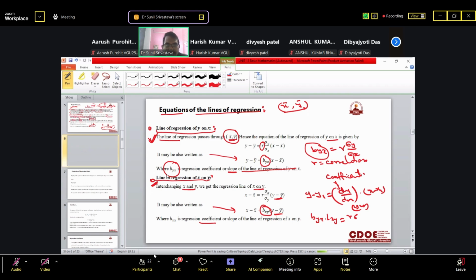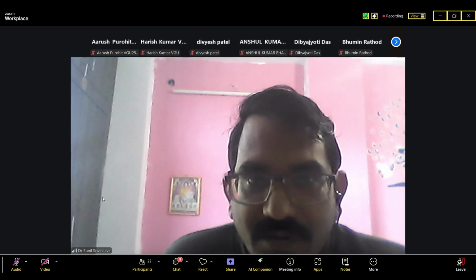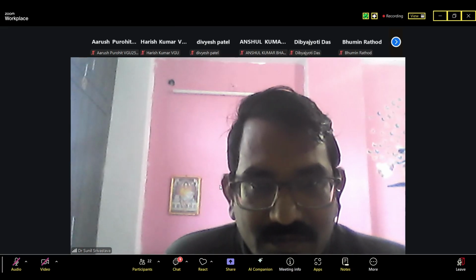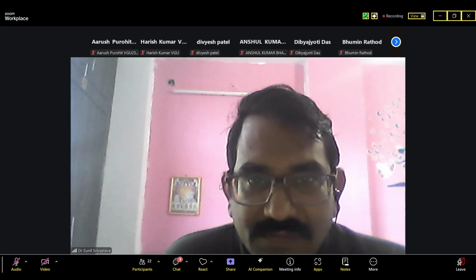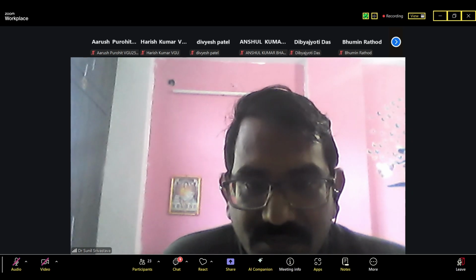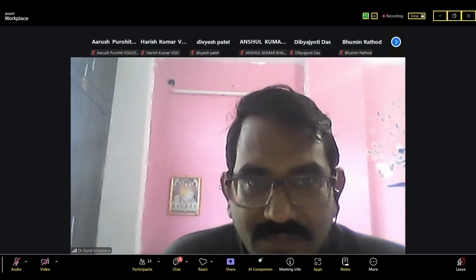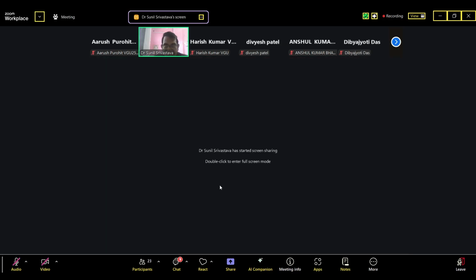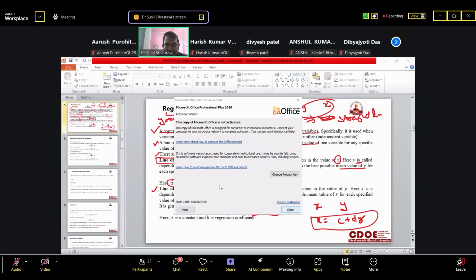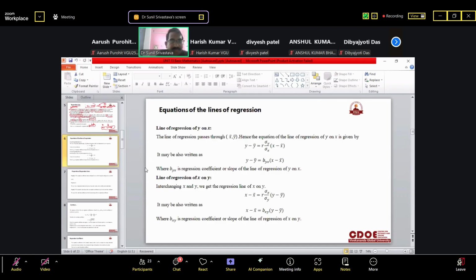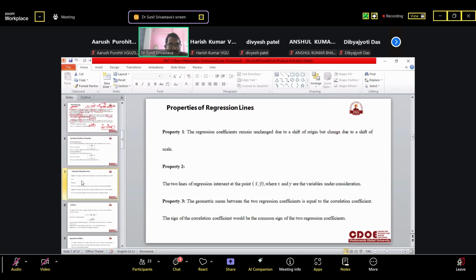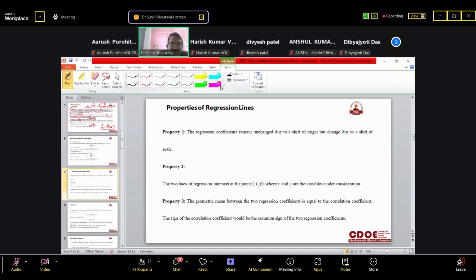Now moving further, we have some properties based on the regression coefficients byx and bxy. Now, the properties we are going to discuss here.